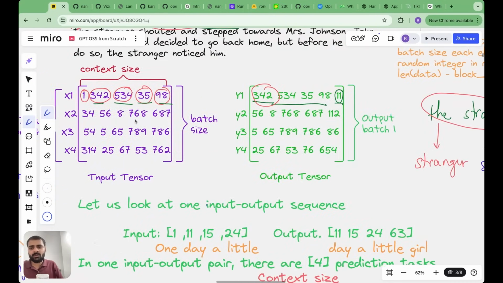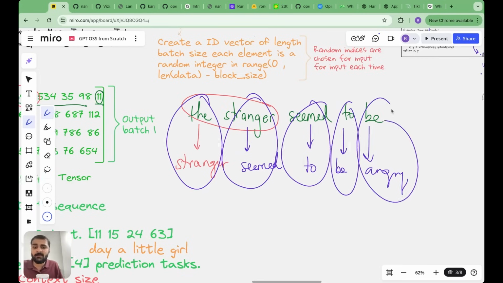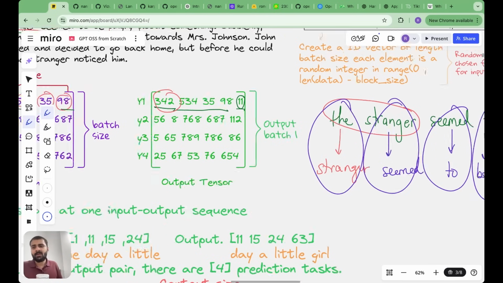This input-output pair looks like one pair, but there are 5 input-output prediction tasks happening here: first task, second task, third task, fourth task, and fifth task. All are geared to make sure the model can predict the next token correctly. That's why the output sequence is the input sequence shifted to the right-hand side by 1.